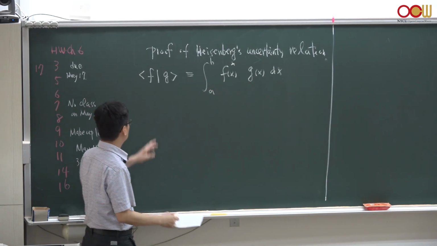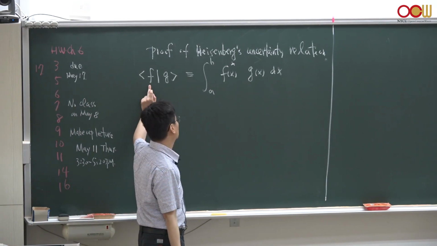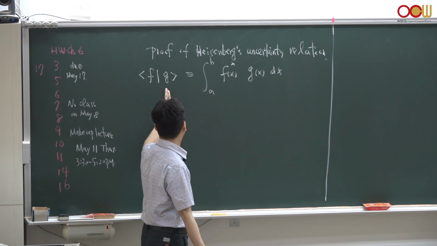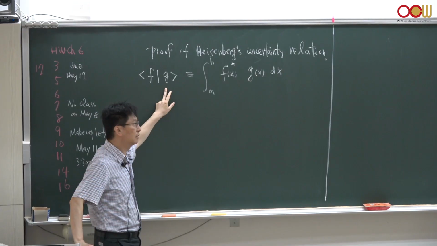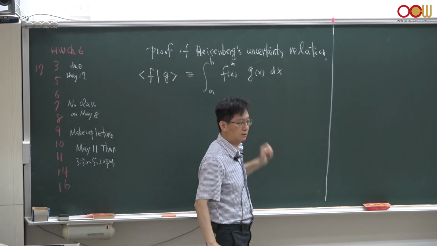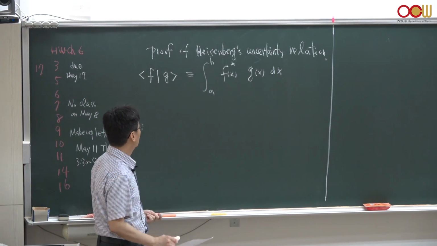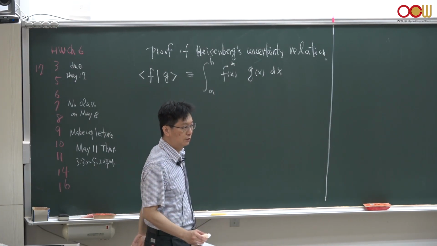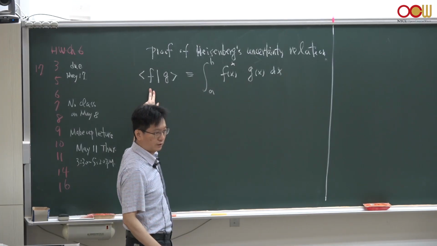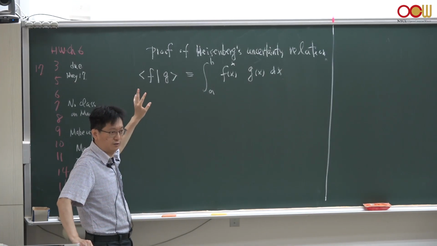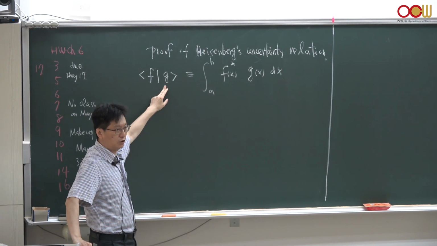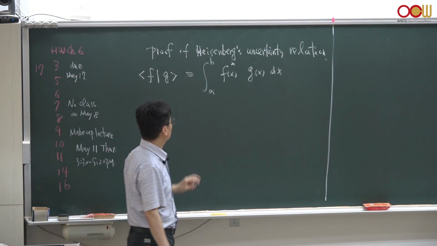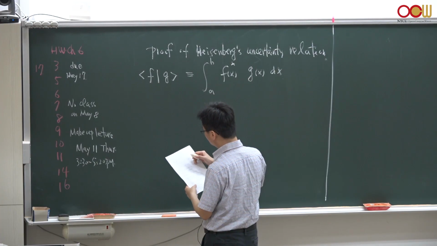You can consider f as some quantum state represented by the Schrödinger wave function f star of x, and g as a Dirac ket state represented by g of x. You take the overlap between these two wave functions, and you define this as the projection of state g onto the state f, right? Okay, so this is the definition.